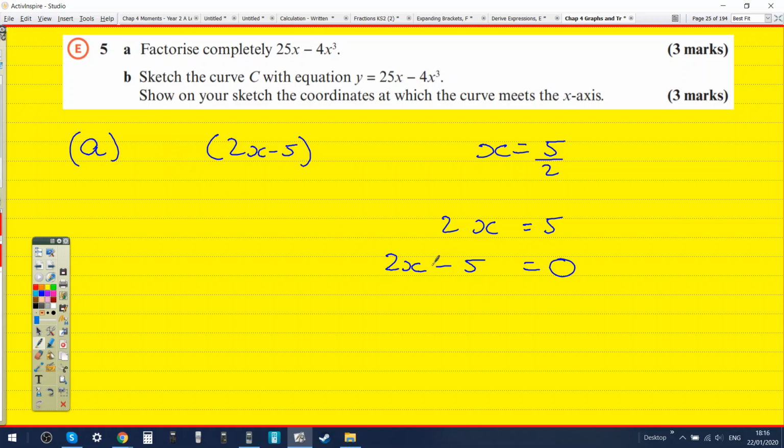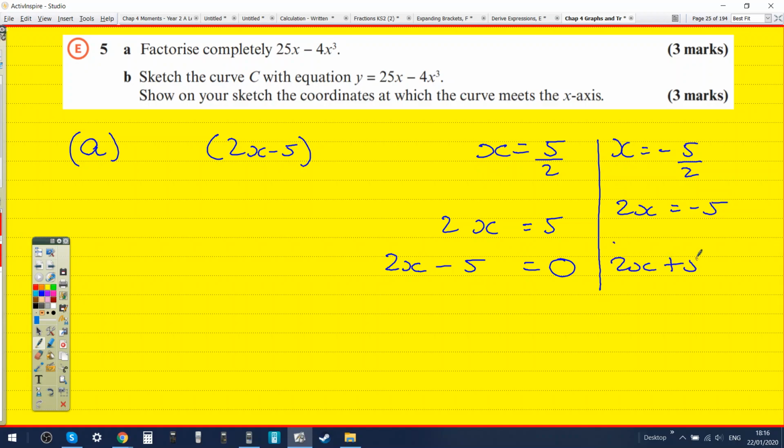So, in GCSE, either the first bracket is 0 or the second bracket is 0. So same thing, x equals minus 5 over 2. So 2x equals minus 5. And then 2x plus 5 is equal to 0.